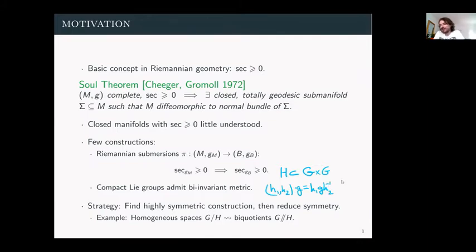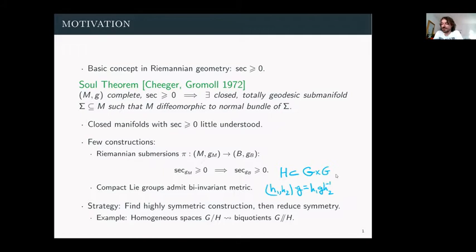You don't get freeness automatically here, so you have to check. Not every subgroup H will act freely, but those that do will give you a new manifold with non-negative curvature. Interesting topological types beyond those of homogeneous spaces already occur in this situation, where there's very little symmetry left over.